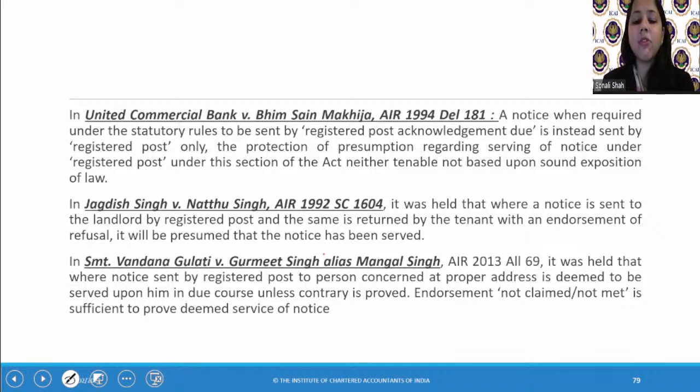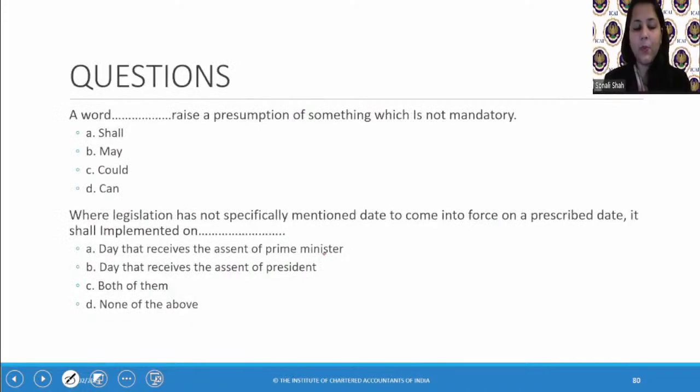The protection of presumption regarding service of notice under registered post under this section of the Act is neither tenable nor based upon sound exposition. So where the law specifically says that it needs to be registered post with acknowledgement due, Section 26, 27 will not come to the rescue, right?